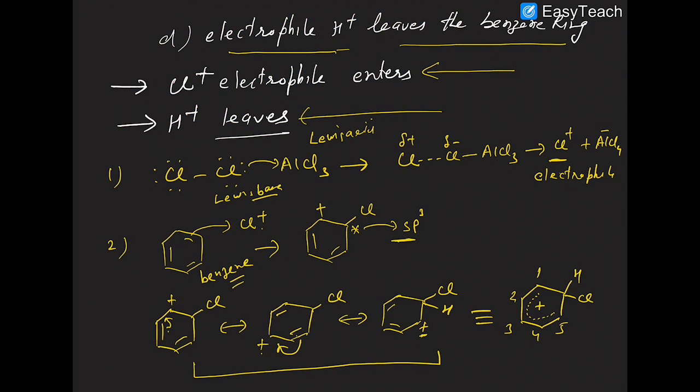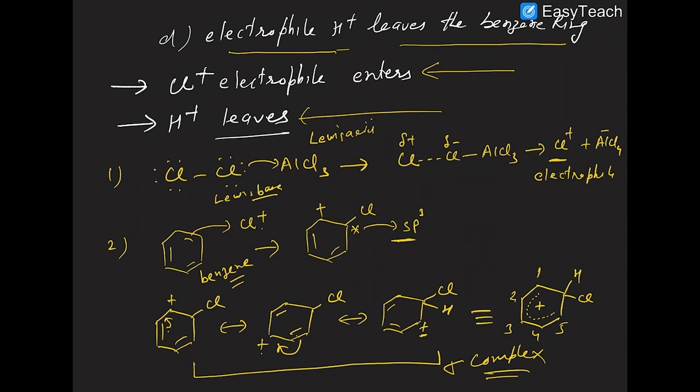The rate determining step here is the formation of the sigma complex. So the factors which will stabilize the sigma complex will determine the rate of the reaction. A positive charge is developed at the sigma complex, so any species which will decrease the development of positive charge or release electrons towards the benzene ring will stabilize the sigma complex.